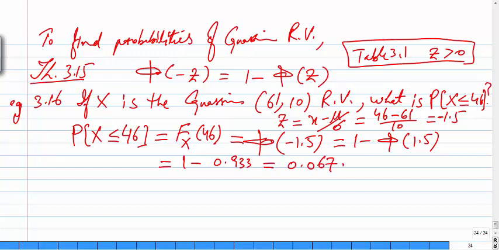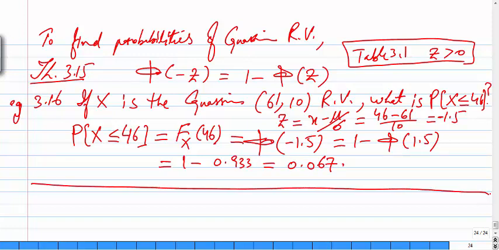So that's why this standard normal random variable is very important, because we have a table we can use to solve the problem. So this means that you are in the lowest 6.7% of the population of the test takers.